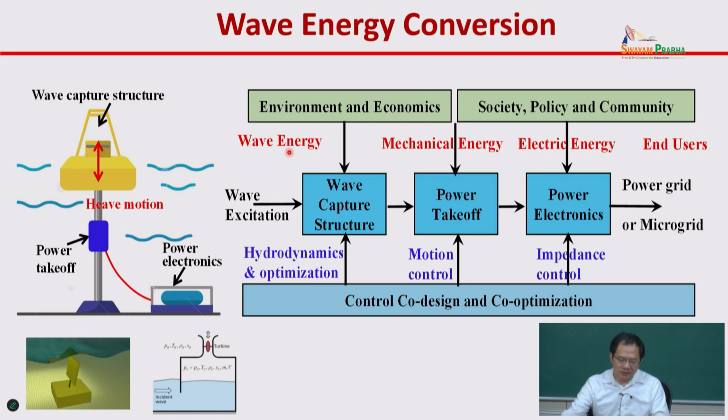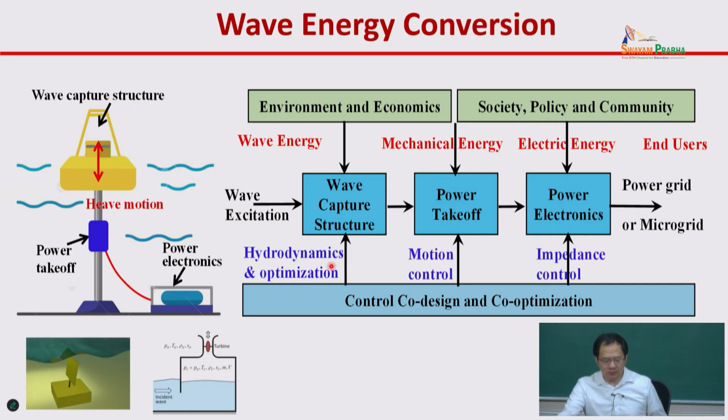This wave energy gets converted into mechanical energy through the buoy, the flap, or aerodynamics. Then the generator motion transmits that into electricity, and you have power electronics to regulate the voltage and to control the impedance.